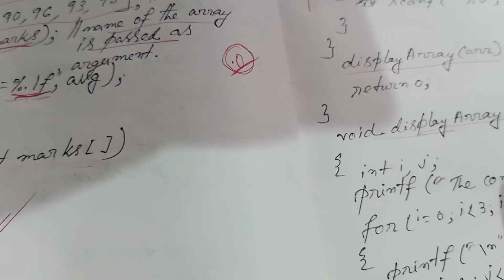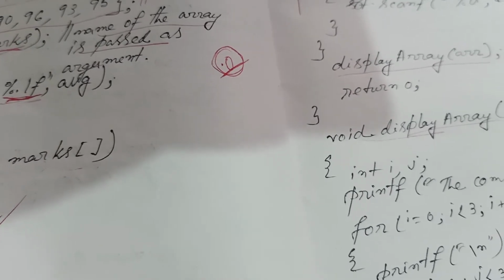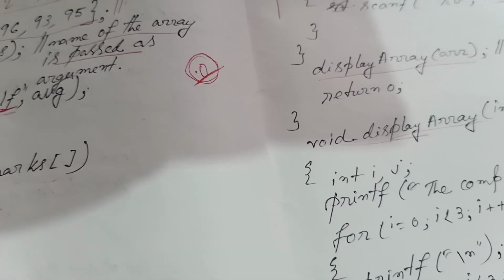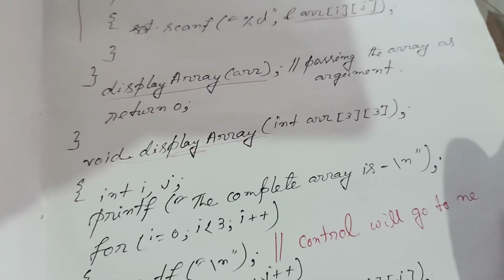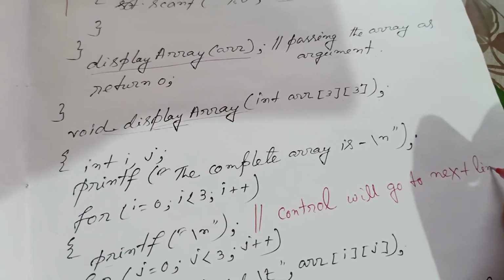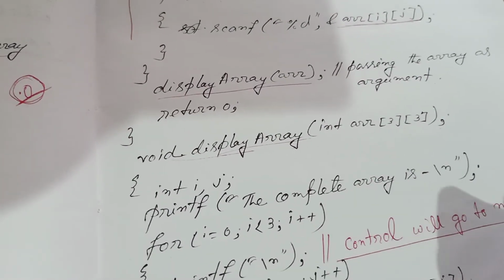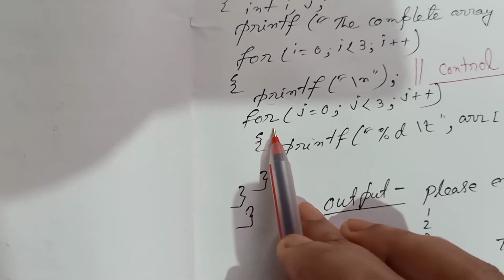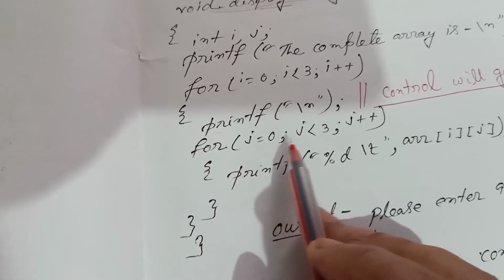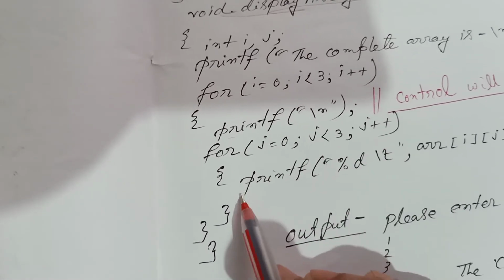Control will go to the next line. It is already discussed in the class. So we are taking the row element. Now we have to take the column element also. For j equal to 0, j is less than 3, j plus plus.